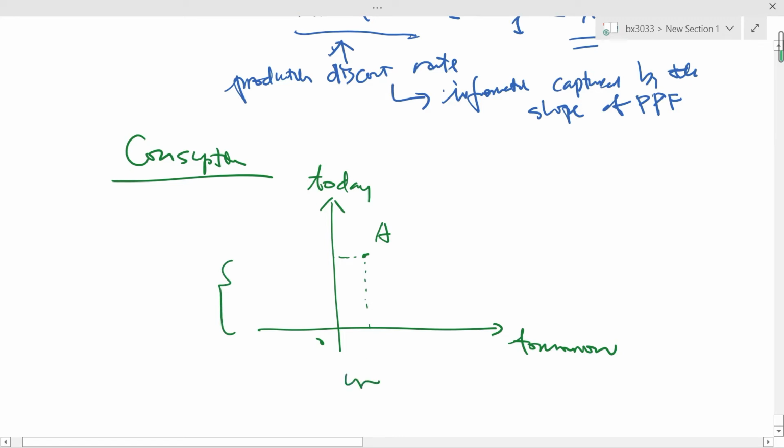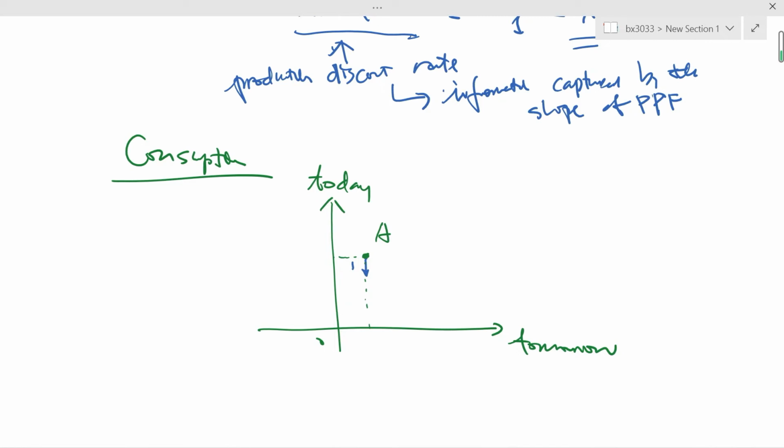And by consuming this bundle of goods and services, I derive a certain utility, happiness, loosely. Then starting from point A, I'm going to cut today's consumption by 1 unit. So if I do not do anything else, then you'll be less happy than before.